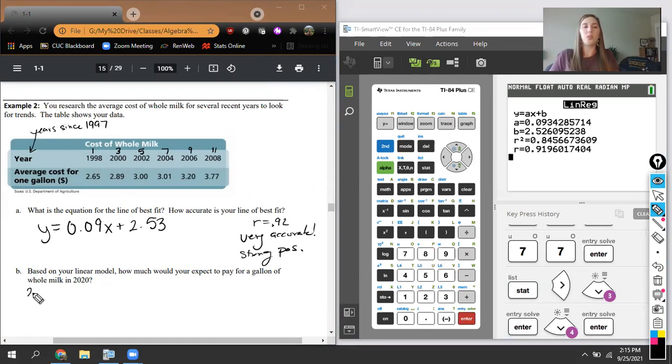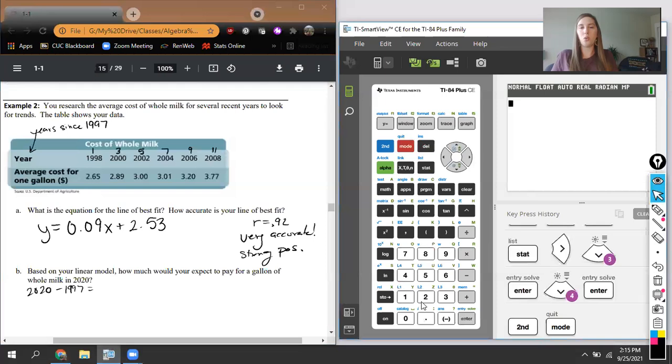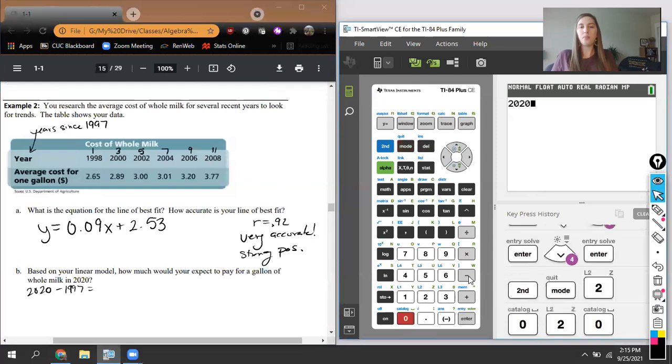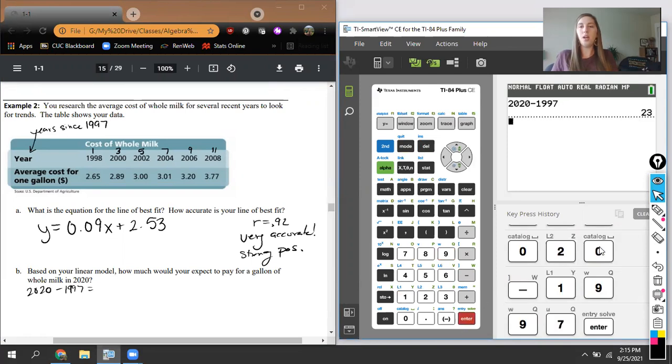So 2020 minus 1997 will be the years since. If you want to use your calculator to do that, we can do that. So 2020 minus 1997, hit enter. That is 23 years after. All right, so because X stood for the years since 1997, then you're going to plug in 23.